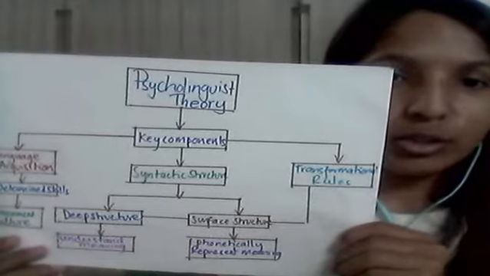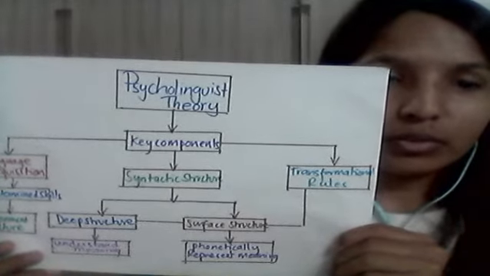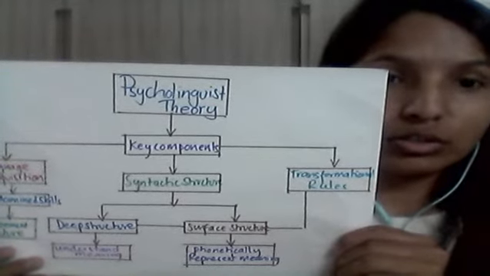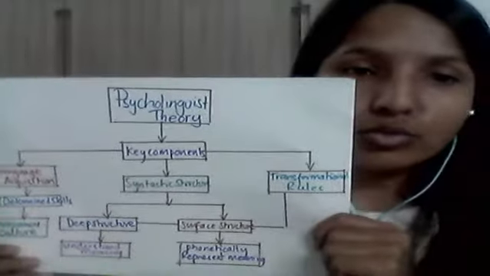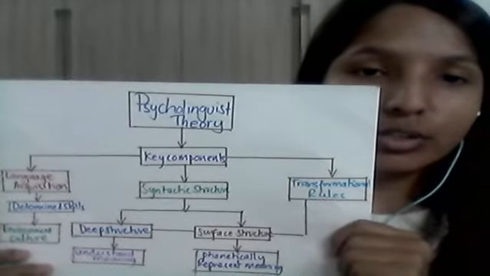Transformational rules are the shifting of deep structure into surface structure. This theory also believes that through this process children learn language.